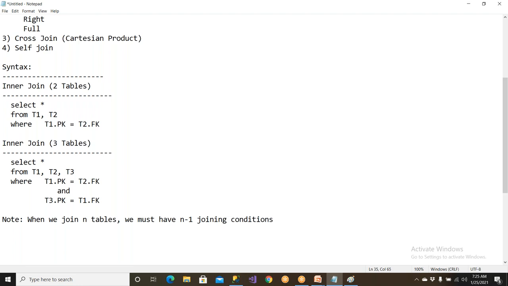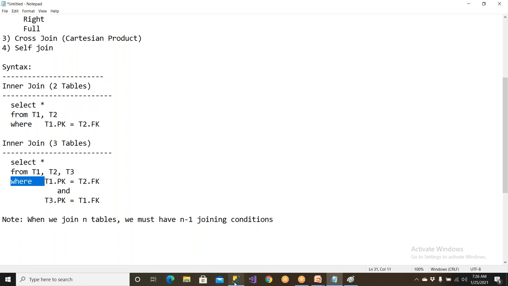Clear? So this is very, very important. I have joined two tables here and I have written only one condition. So n means here 2, and n minus 1 means 2 minus 1, one condition. Clear? I am joining three tables, so we must have this one condition, this one more condition. If I join 10 tables, 10 minus 1, 9 conditions have to be written in the where clause. So this is a very, very important thing that you should know.